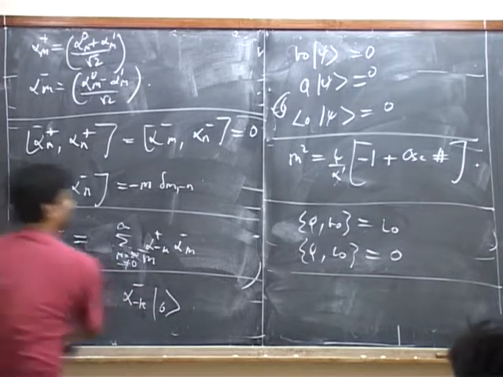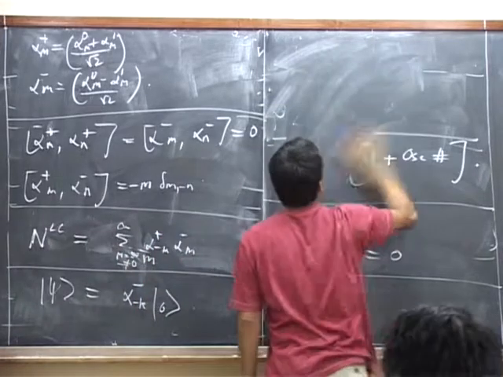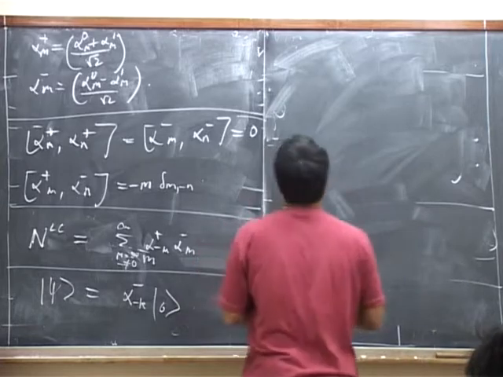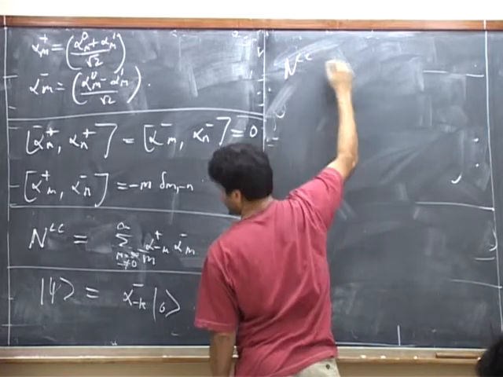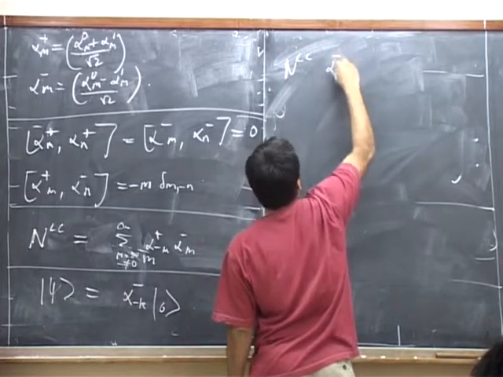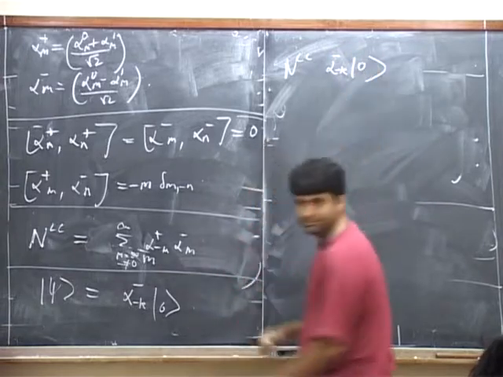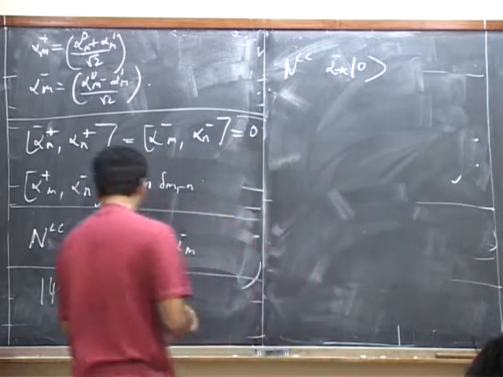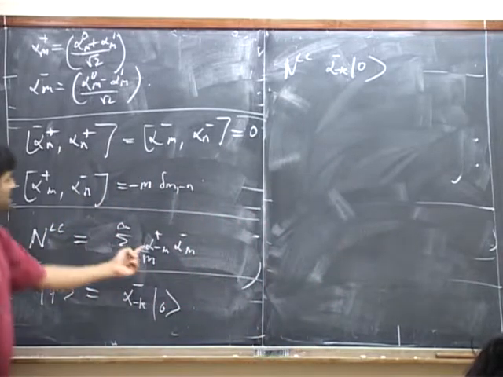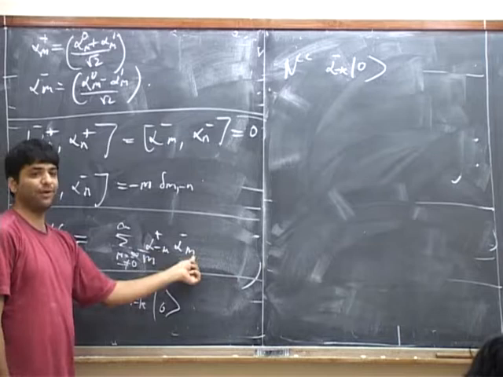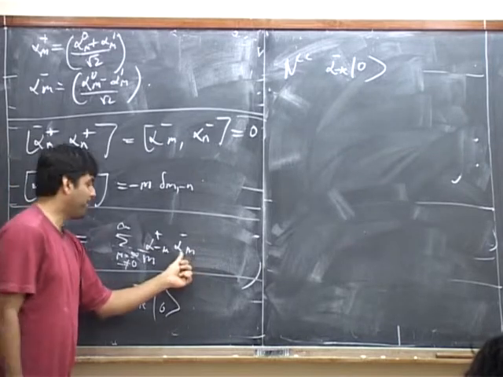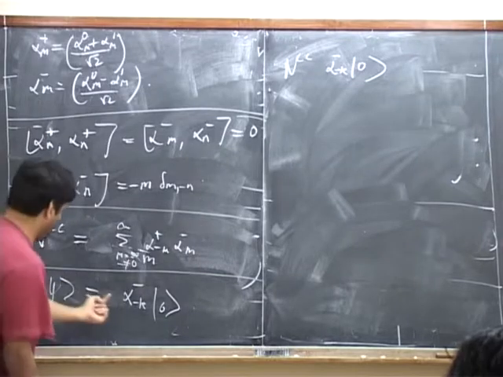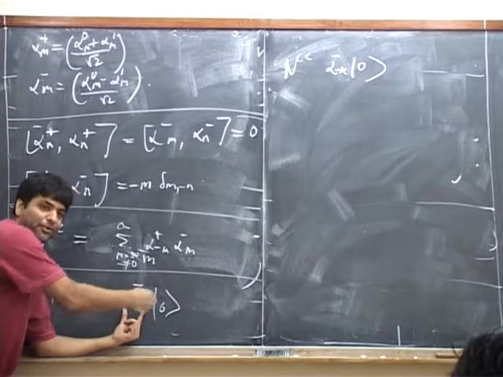Let's do it carefully. We want to compute NLC on alpha minus of minus k on 0. This is a sum of terms with one index plus and one index minus. The plus index would annihilate the vacuum unless it is killed by a commutator going through.